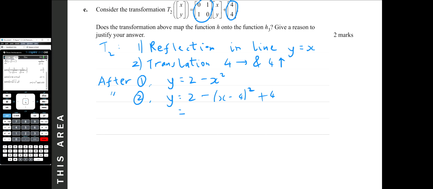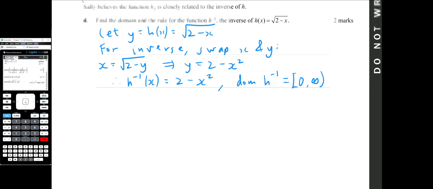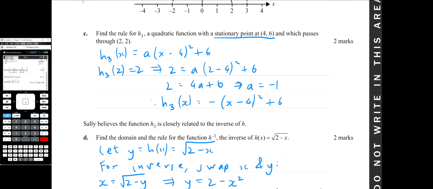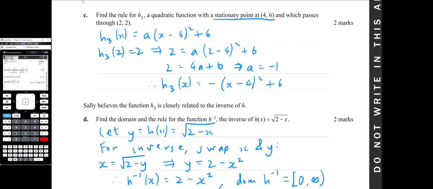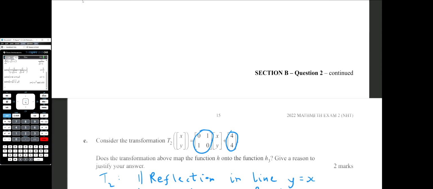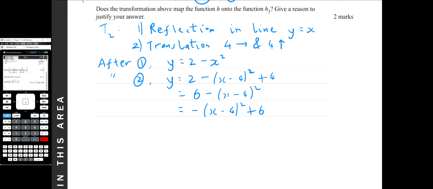So that's equal to 2 plus 4 is 6, minus (x minus 4) squared, which is really the same as negative (x minus 4) squared plus 6. Now if you look back at the previous part of the question where h3 of x is negative (x minus 4) squared plus 6, that's exactly what we've got here. So that is equal to h3 of x.